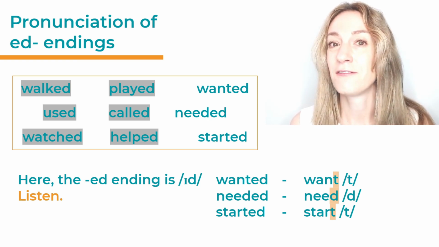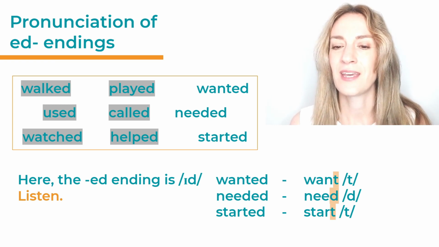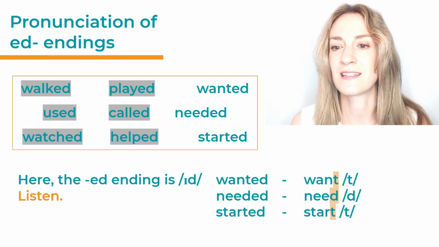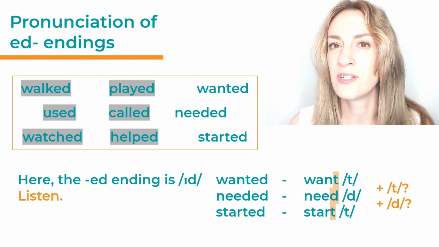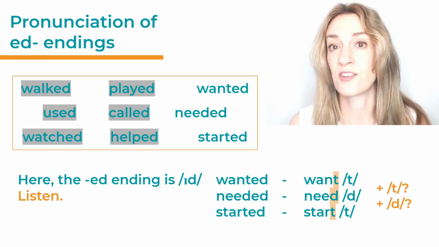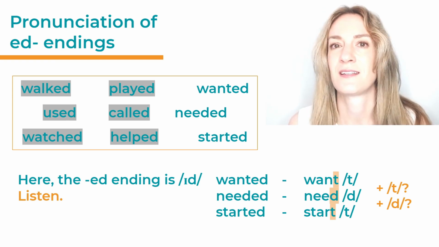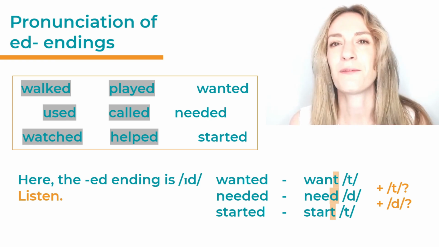Needed, the infinitive is need, and need ends already in d. And the same is true for started here. Start, the infinitive form ends in a t sound. So can we add another t or d here to the infinitive form straight away? No, we cannot say "wantt" or "needd." That's not possible.